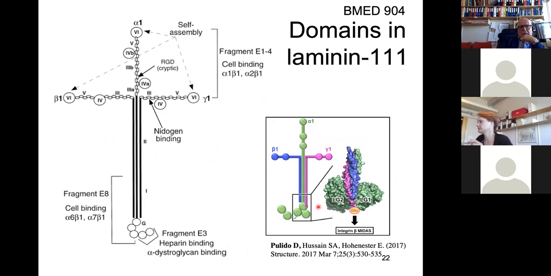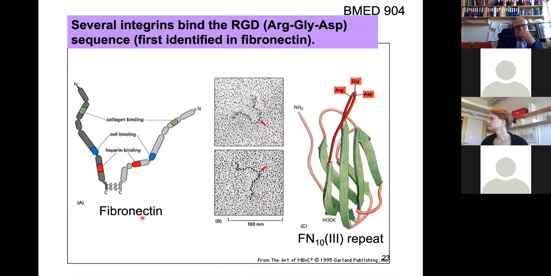The mapping that has been performed shows that it's the gamma 1 subunit at the end here that's important for integrin binding. We talked about fibronectin, which is a dimer, and which in the 10th fibronectin type 3 repeat has an exposed arginine glycine aspartic acid sequence that is recognized by integrins.